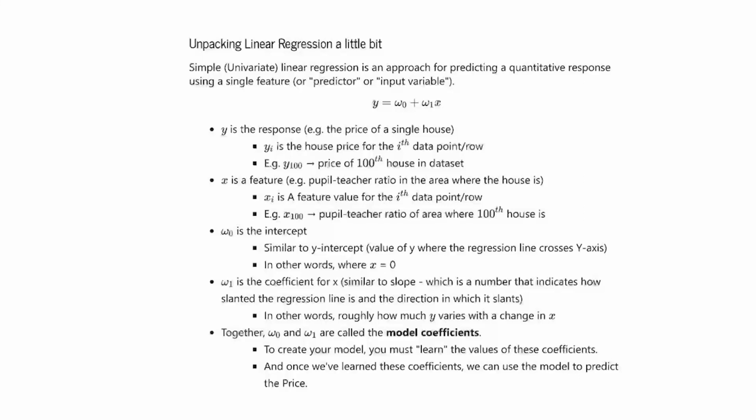So that is what linear regression is, which is determining these two parameters, omega 0 and omega 1. And to create a model, we should learn these values or these coefficients. And once we have learned these coefficients, we can use the model to predict the price of the house.